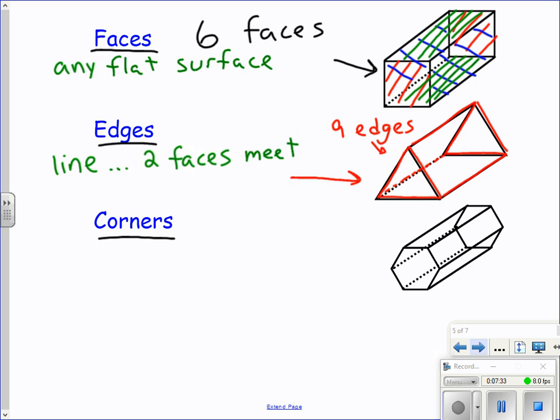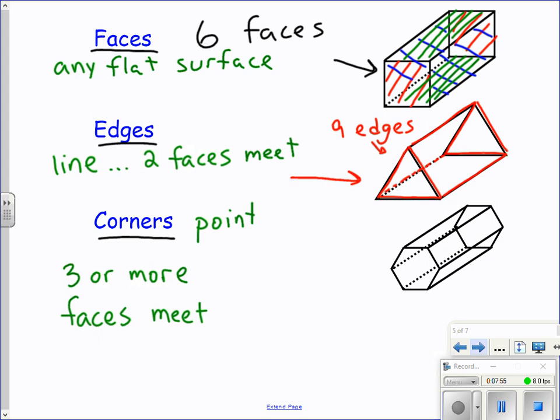And finally, a corner. Most of you know what a corner is, but for our purposes today, it is where 3 or more faces meet. It's a point, basically.